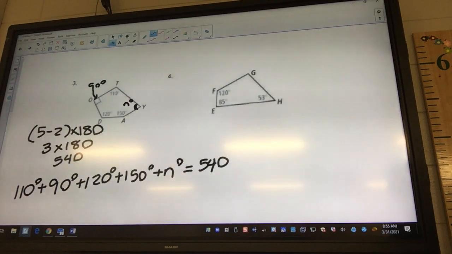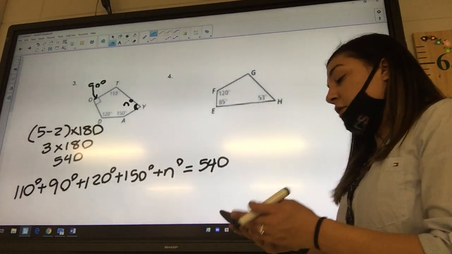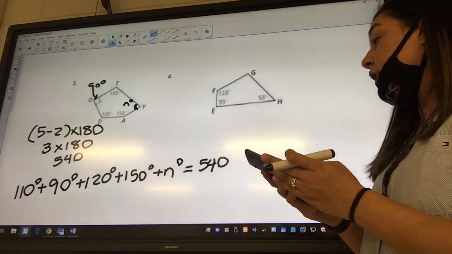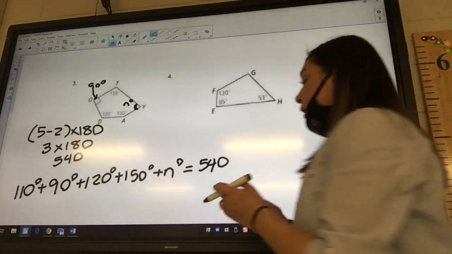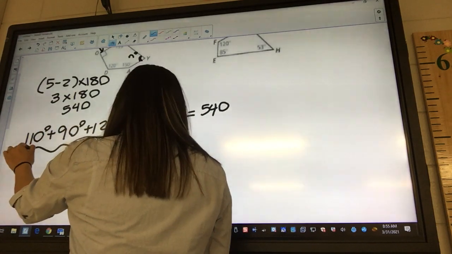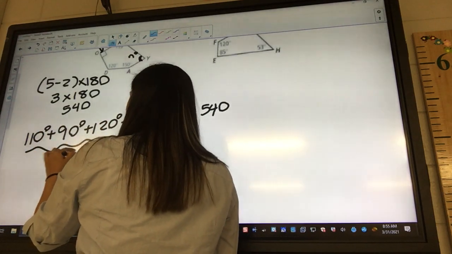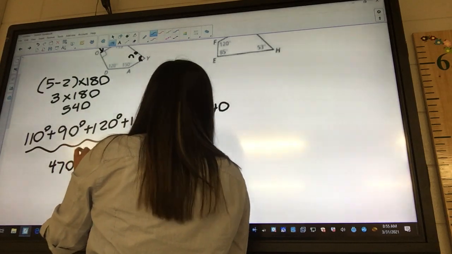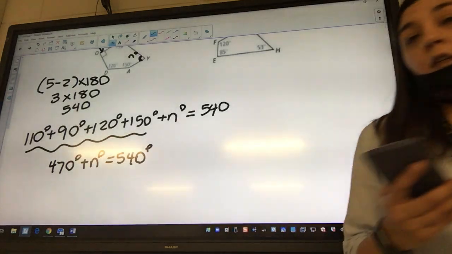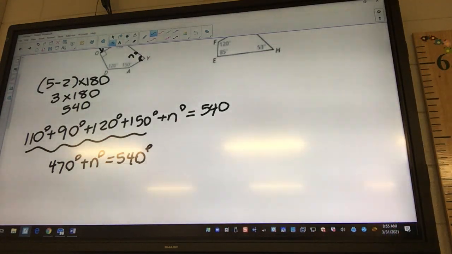Okay, and so we can add all of the ones up on the left side: 110 plus 90 plus 120 plus 150. For that, you're going to get 470 degrees plus n degrees equals 540 degrees. So 470 plus n equals 540.